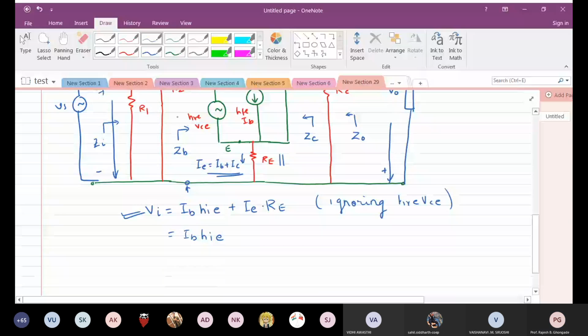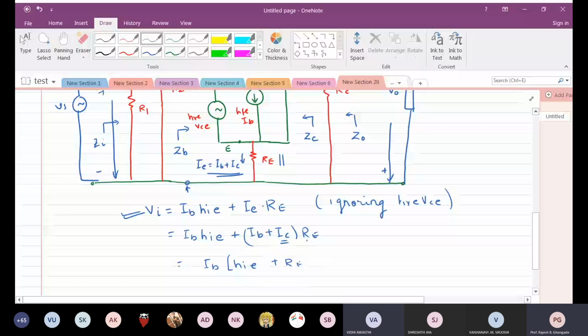All right. This is IB into HIE plus, we already know what is IE. IE is IB plus IC, into RE. Now taking out this IB common, this will be HIE plus RE. Can I replace this IC with something?